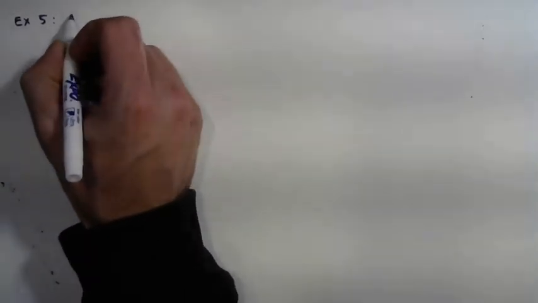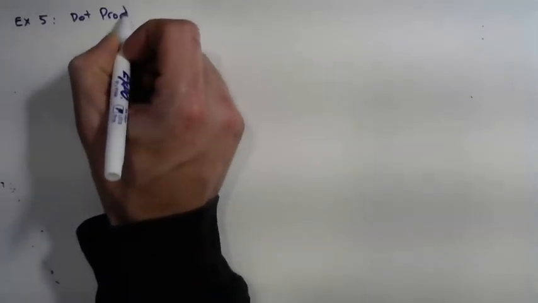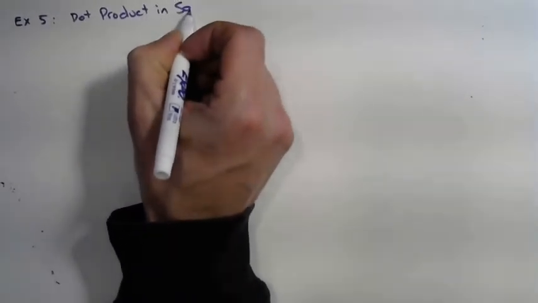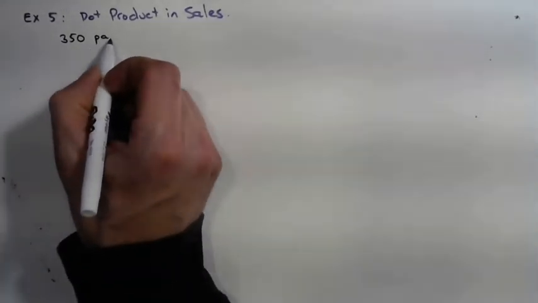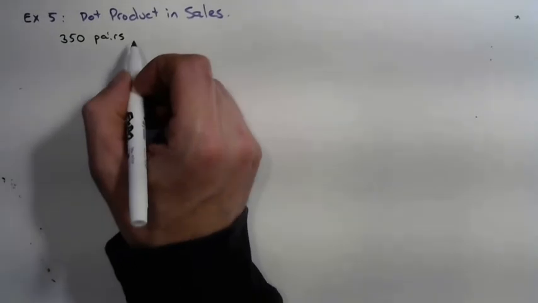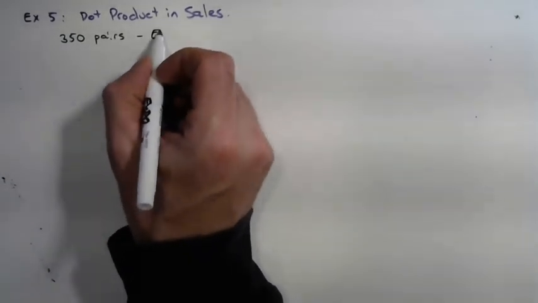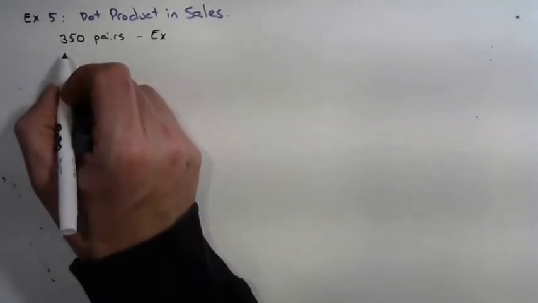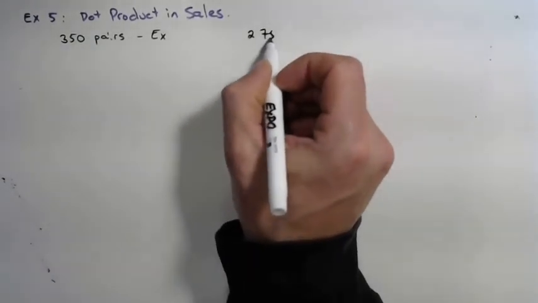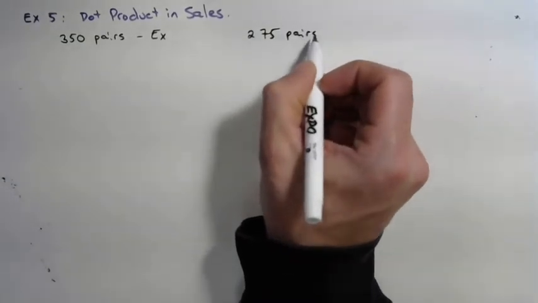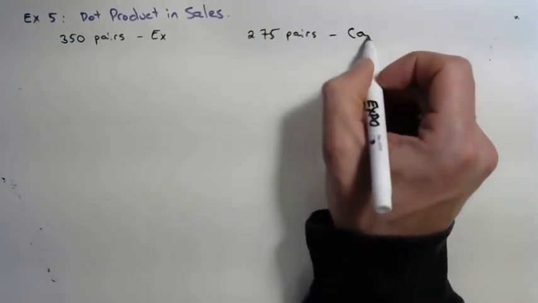Example 5, last one. Example 5, dot product in sales, of course a financial application. A shoe store is selling 350 pairs of amazing shoes, Excaliburs, and they're going to sell 275 pairs of Camelots.